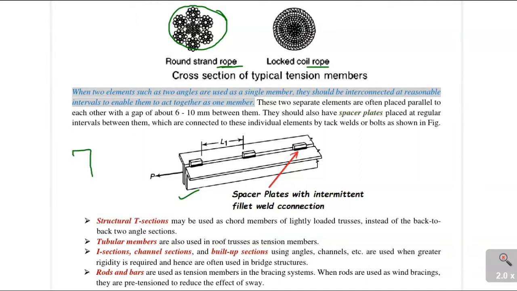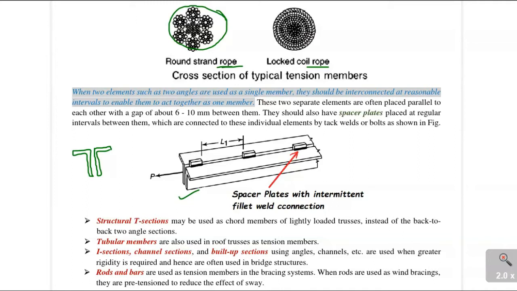This is how this tension member is going to look. Now, since these two members have to behave as a single member, there should be a proper connection between these two angles so that they behave as a single section, isn't it right?